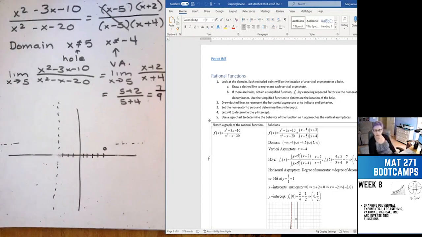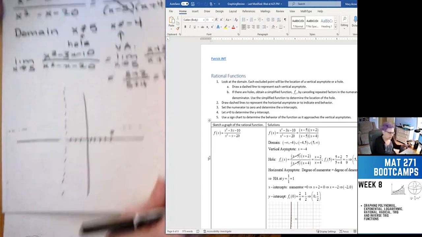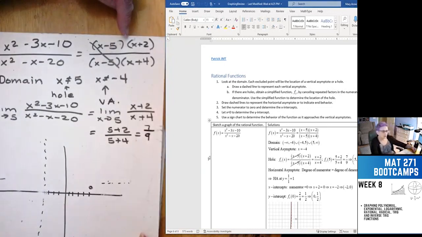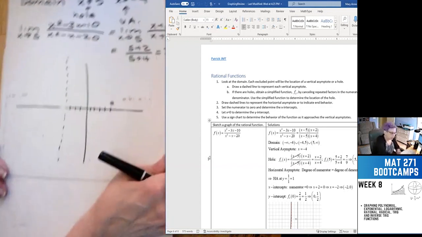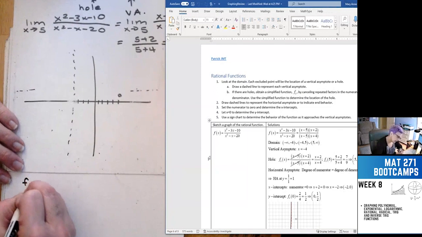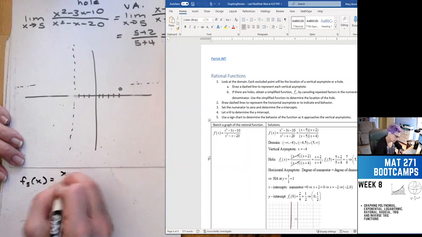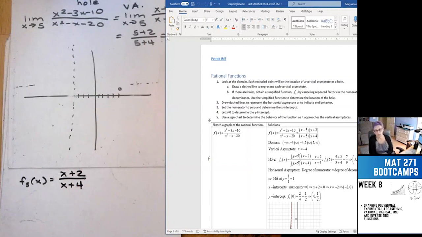That's your removable discontinuity. Now you can figure out your x-intercepts by setting the numerator equal to 0. You know that your original function looks exactly like the function x plus 2 over x plus 4, except that it has that hole there. Well, we've already created the hole, so now we can just look at what I like to call f sub s of x, a simpler function, x plus 2 over x plus 4.